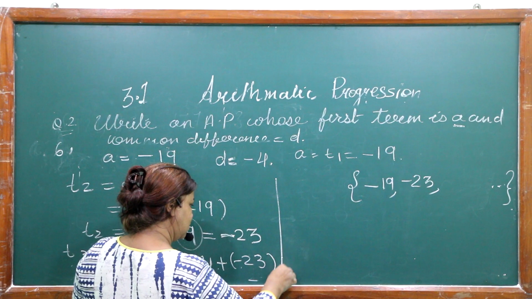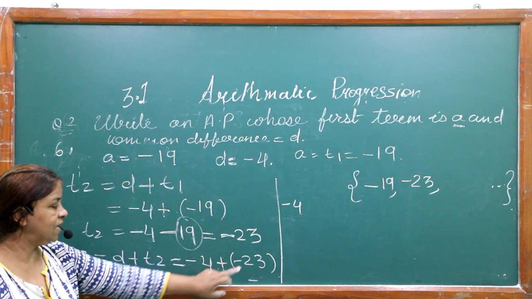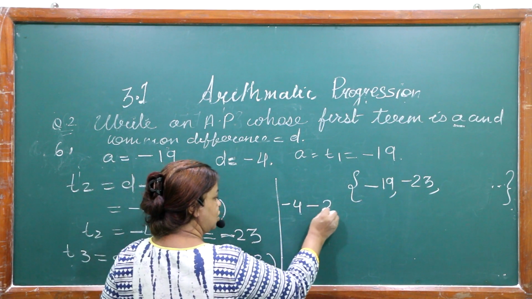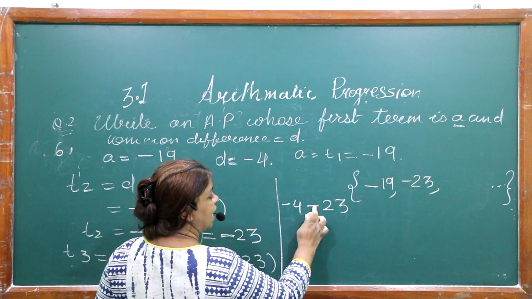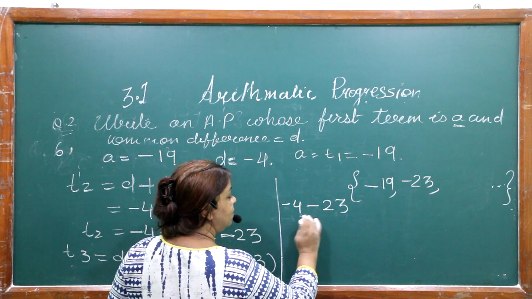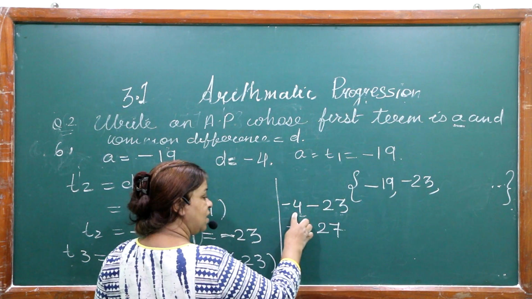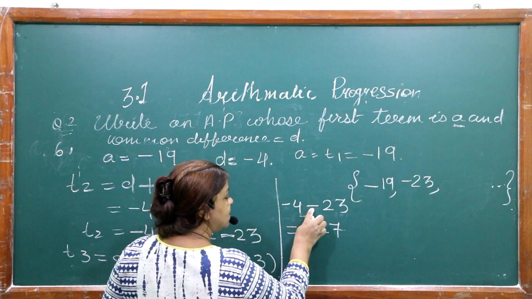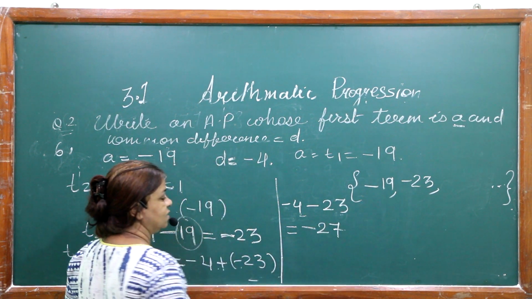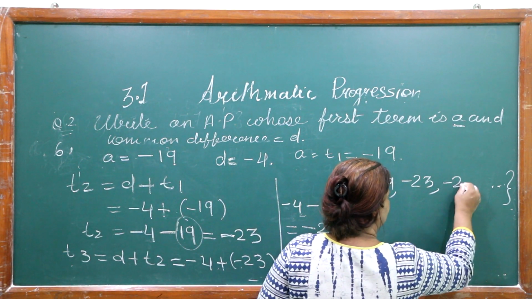Minus 4, this minus 4 plus minus will become minus 23. Both are minus. This number's sign is minus. This number is also minus. So they will be added. It will be 27. 23 plus 4 is 27. But the sign of the greater number is minus. So your third term is minus 27.